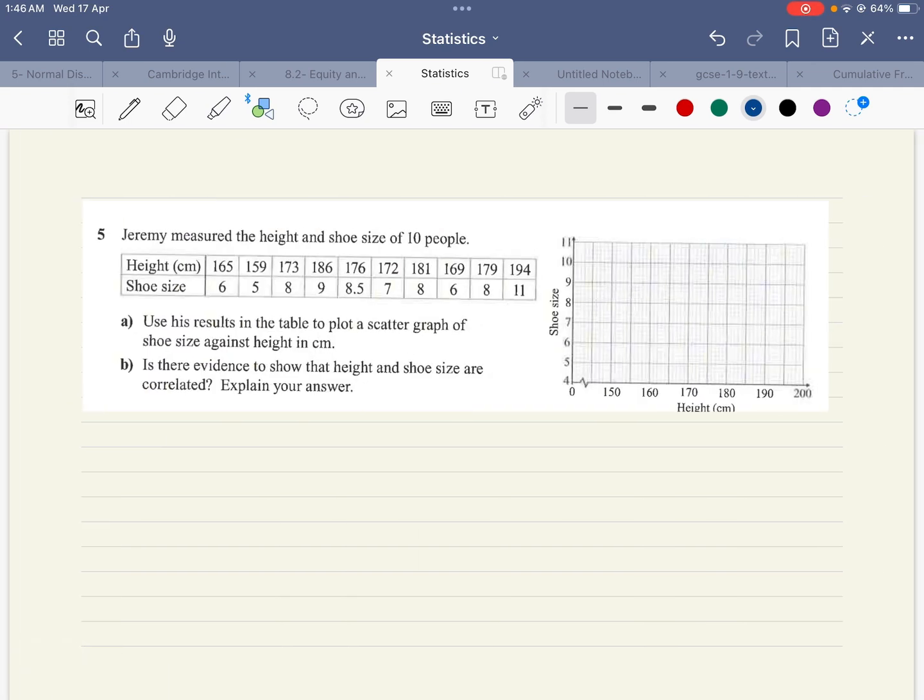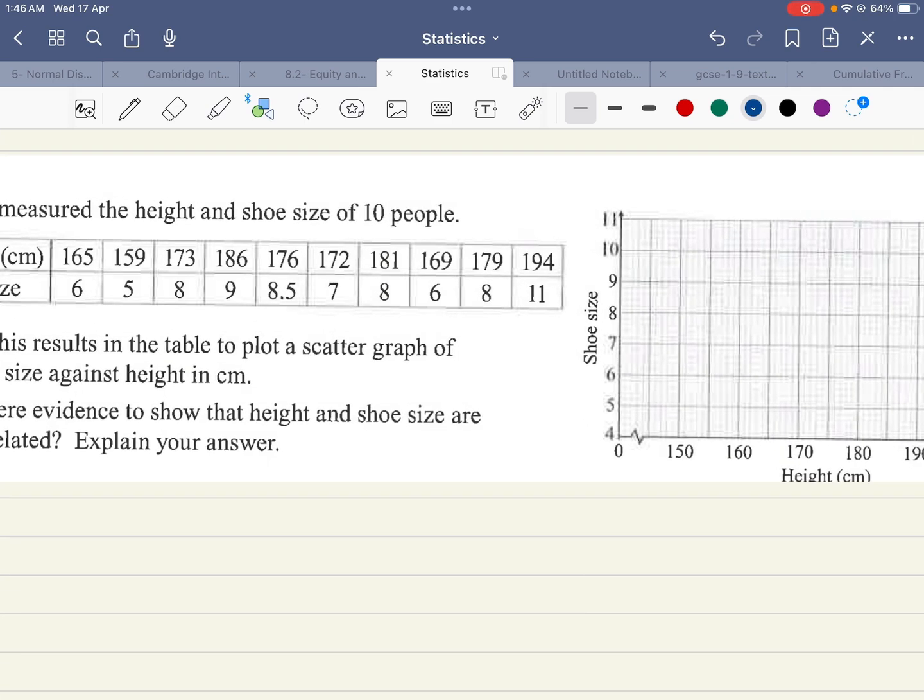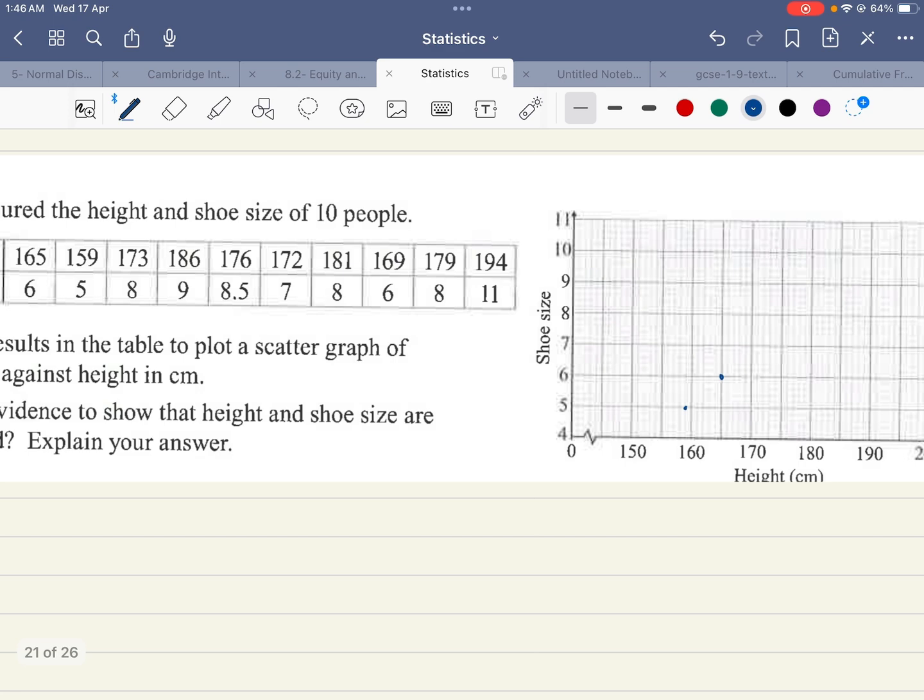Next, use the results in the table to plot a scatter graph. Heights are given here and shoe sizes are given, right? You will use this: 165, 6. 165 is here and this is 6. Then we have 159, 5. 159, 5. 173 is 8. 173, 8.